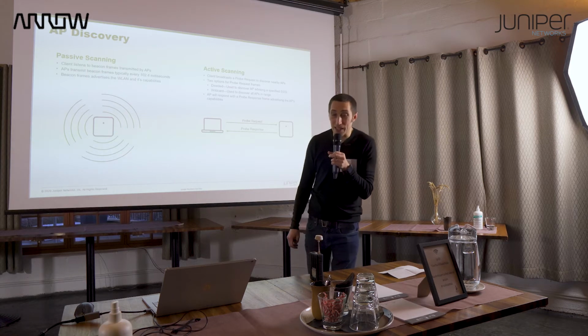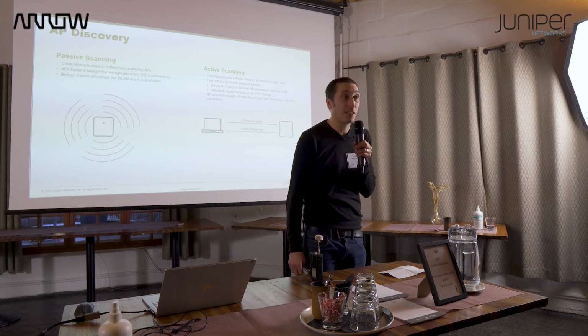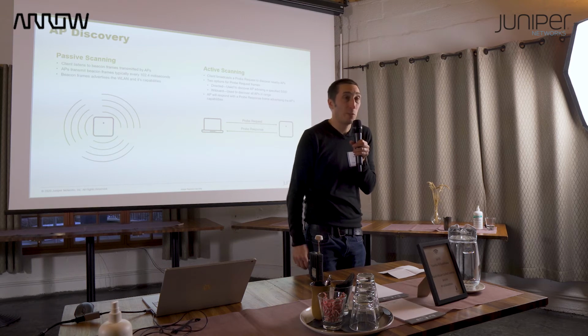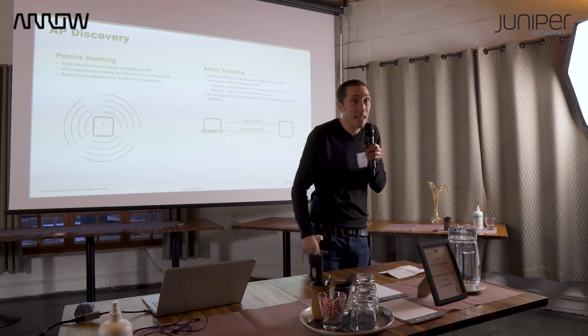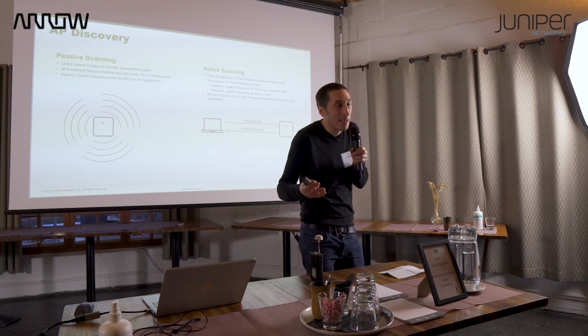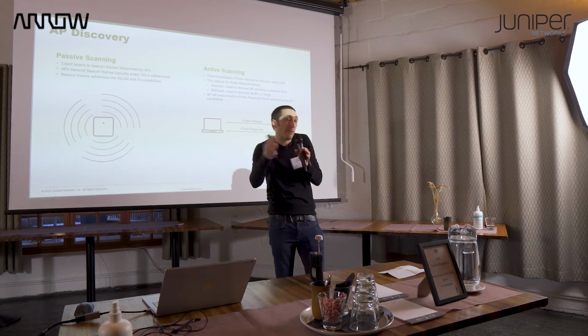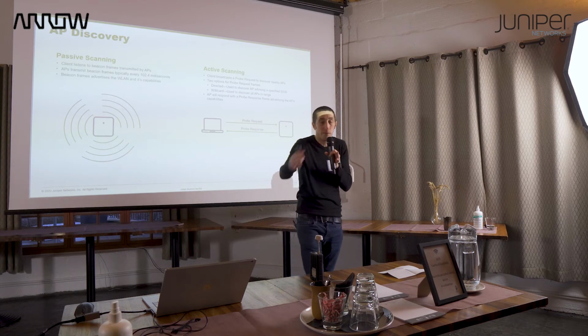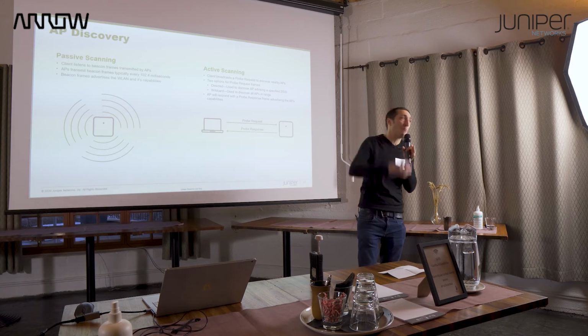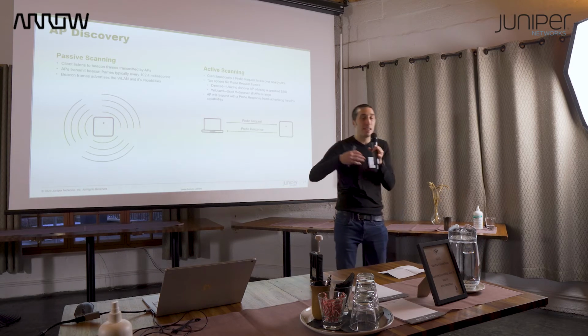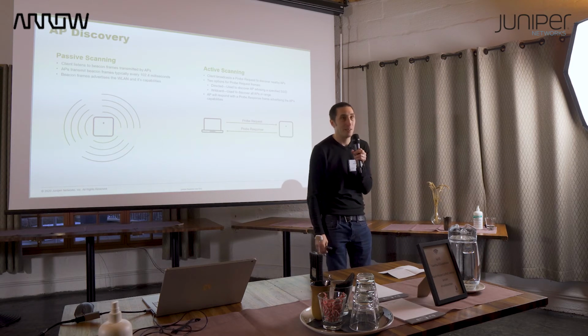Now, the truth is, clients make the decision themselves. There's no standard for it. So some clients may pick the strongest. Some may pick the lowest SNR. Some may prefer 5 gig over 2.4, so they look at the frequency band. They may look at channel utilization. They may look at neighbor reports from the AP. They may look at how many clients are connected to the AP.